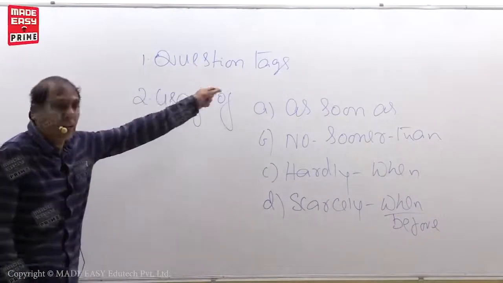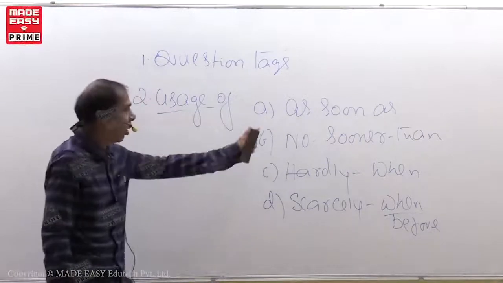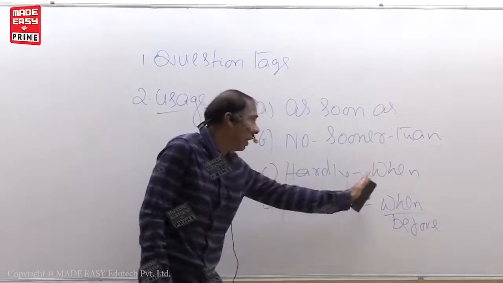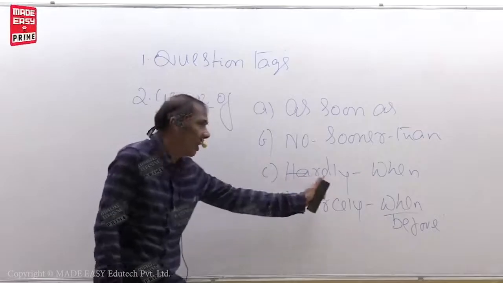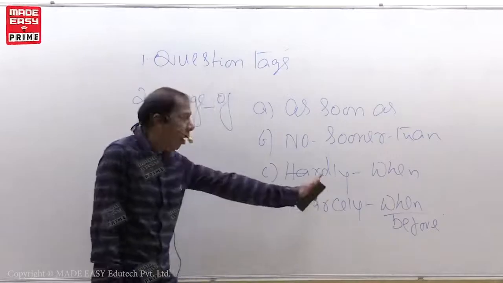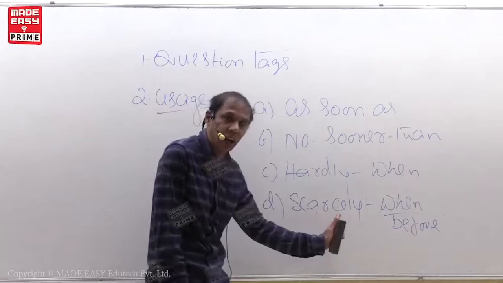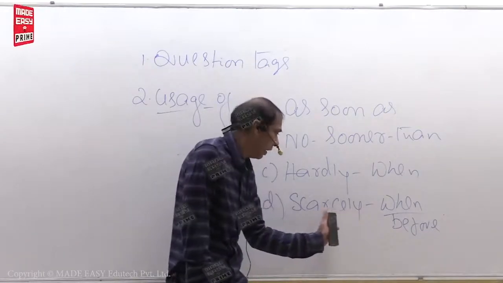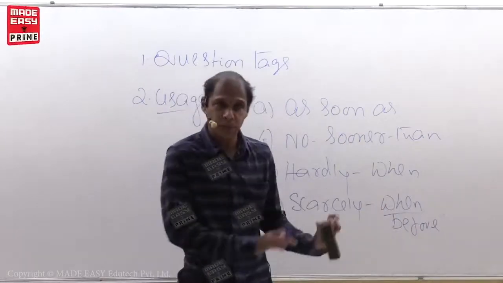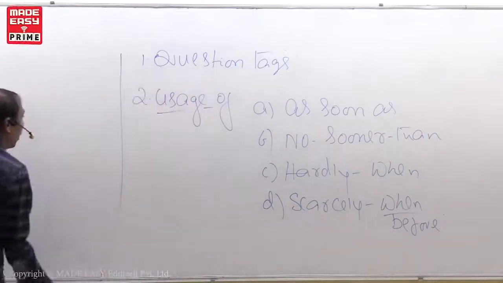First topic, question tags. Second topic, usage of as soon as, no sooner than, hardly when. And this is scarcely, S-C-A-R-C-E-L-Y. Scarcely when, by before. Two topics, right?